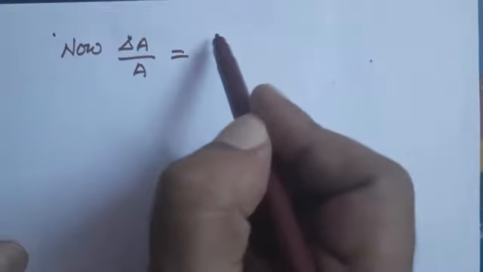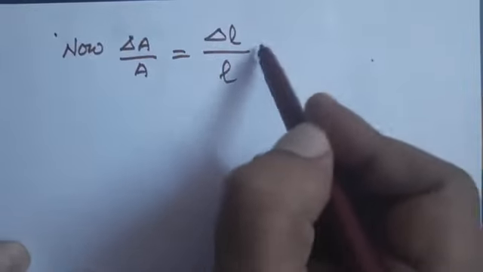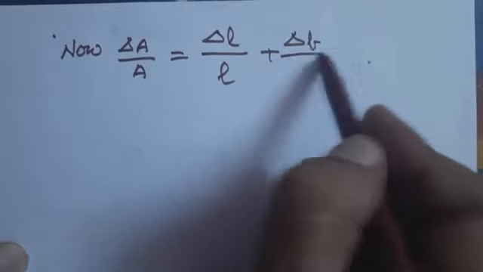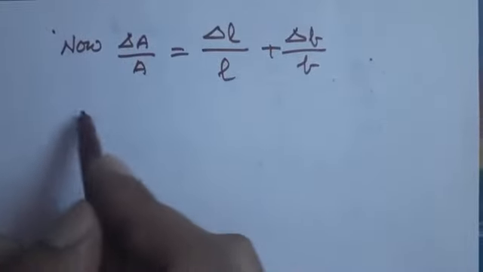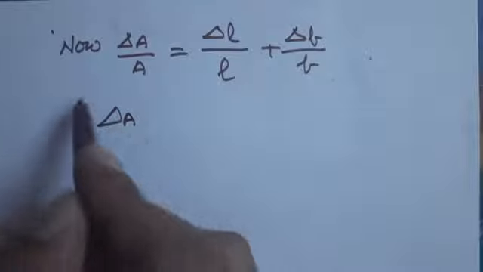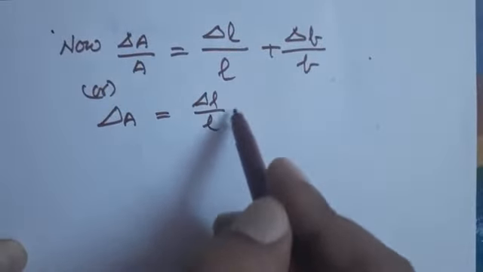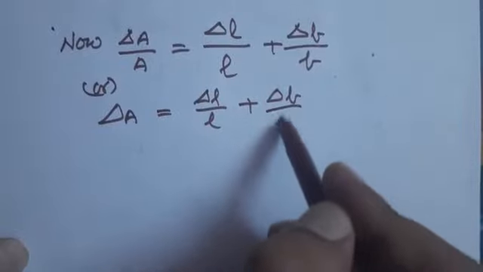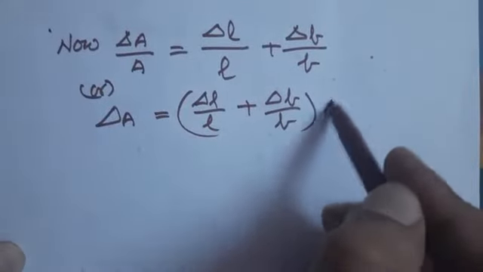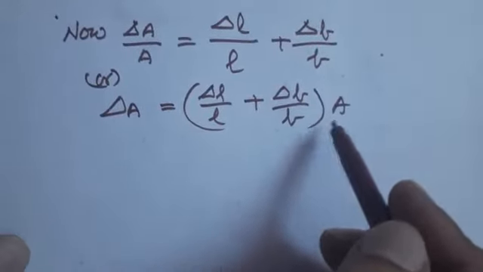Delta A by A equals delta L by L plus delta B by B, or delta A equals delta L by L plus delta B by B into A. A we already calculated.